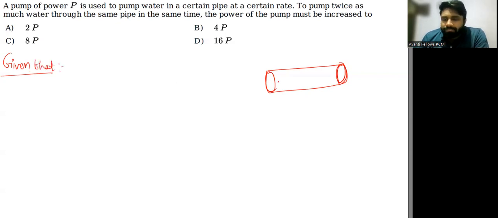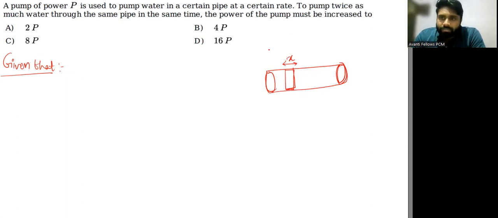Given that we have considered a pipe, the water moves in this pipe at a distance of x, with a certain velocity. We need to calculate the volume flow rate in this question, because with the help of volume flow rate we are able to calculate the kinetic energy.